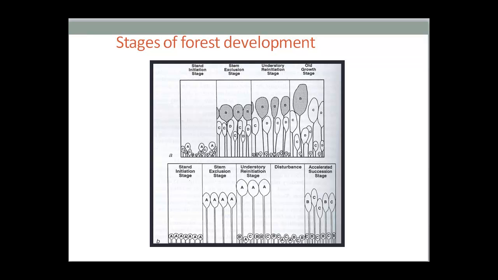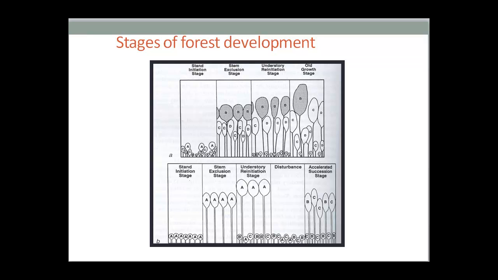So this graphical depiction has real application for us because we can think about the forest that we walk in, and they'll oftentimes have 2 different strata, an overstory strata and an understory strata. If we remove the overstory strata by whatever process, natural or anthropogenic, the understory is what is going to dominate that forest.